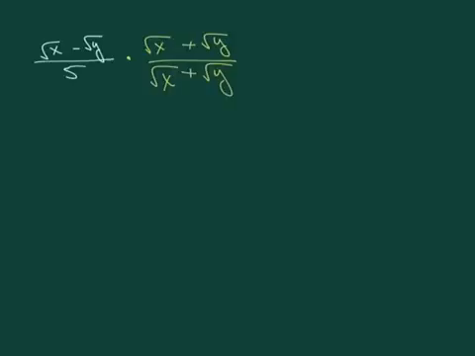And what happens when you multiply by the conjugates is when you use the FOIL method here, like you would when you multiply this. Let's put parentheses here so you can kind of see FOIL a little bit better. Whenever you multiply two radicals by themselves and they're the same radical, square root of x times square root of x, the radicals disappear, and that's what we want.